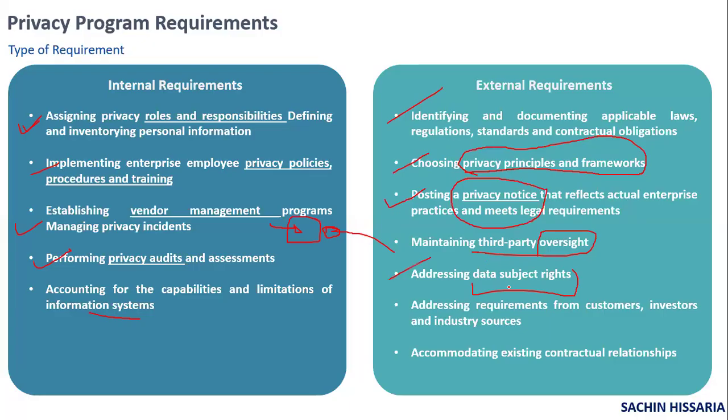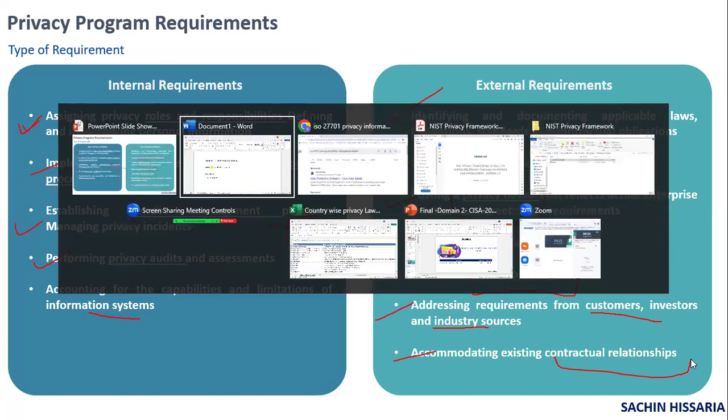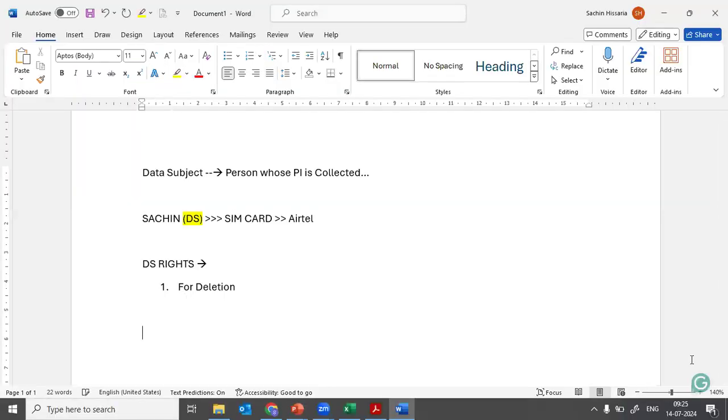For that, it has to address the requirements of customers, investors and industry sources. Again, the company needs to make sure they are meeting those requirements, accommodating existing contractual relationships. For example, in India, the DPDP Act has recently been passed.